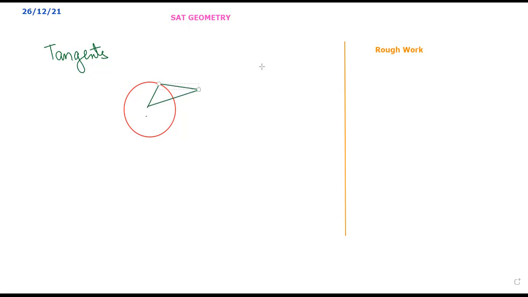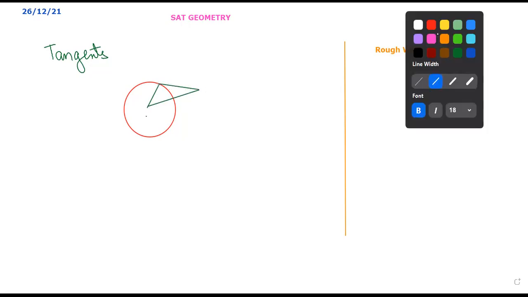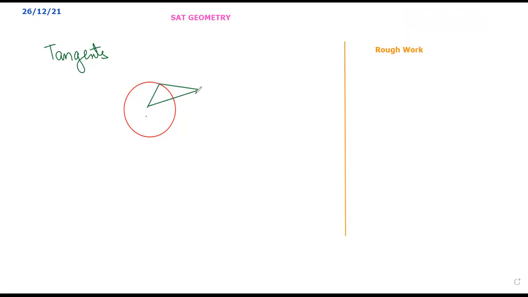Okay, it is a circle of this type. And we have the angle, which is 30 degrees. Okay, this point is A, this point is B, and this point is C.